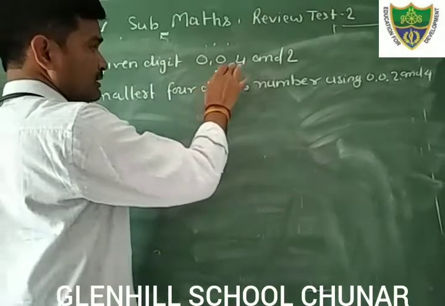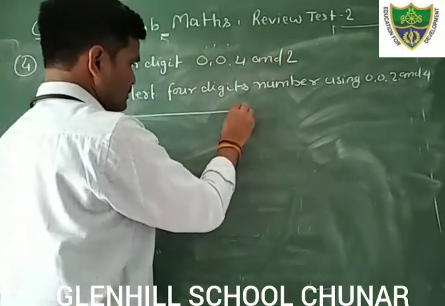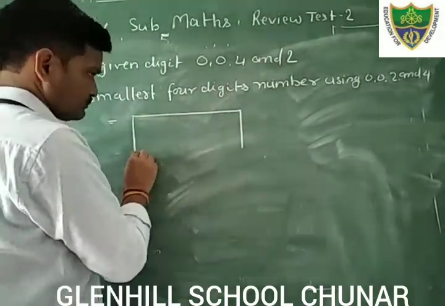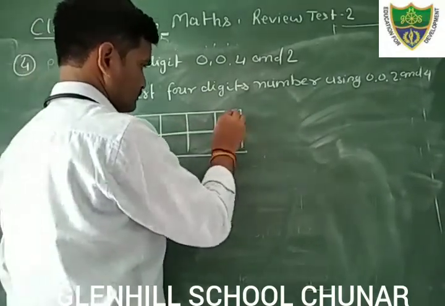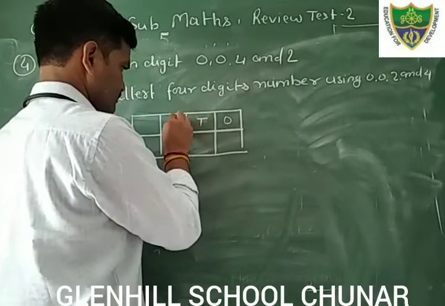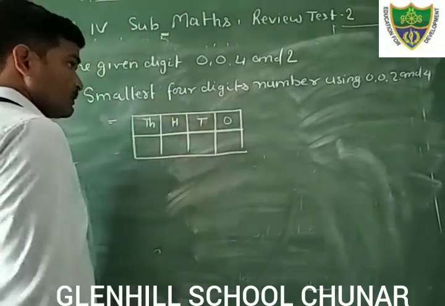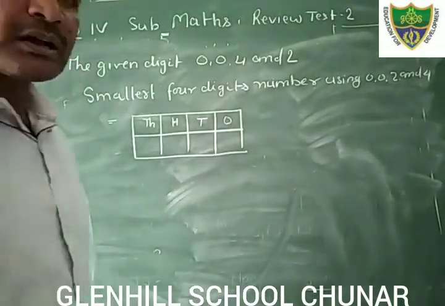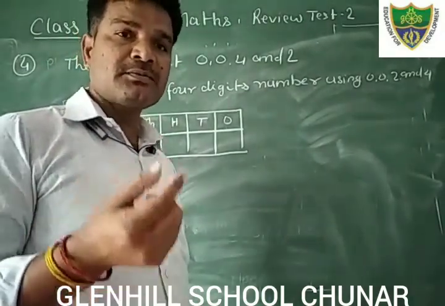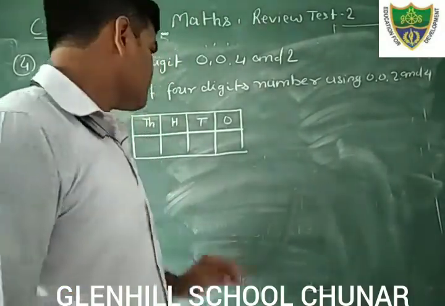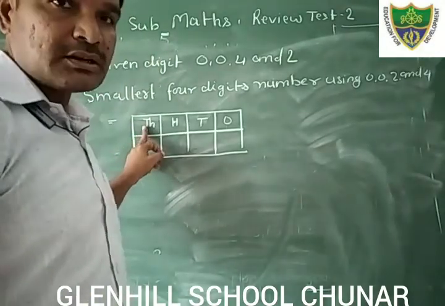Then for ones, tens, hundreds, there are 4 digits, that is thousands. To write the smallest number, we will write the smallest digit at the largest place. Which is the largest place? Here the 1000 is the largest place.